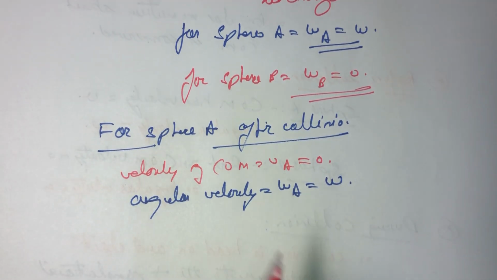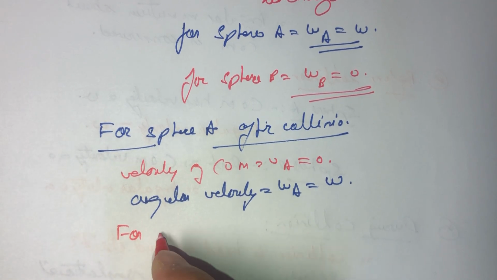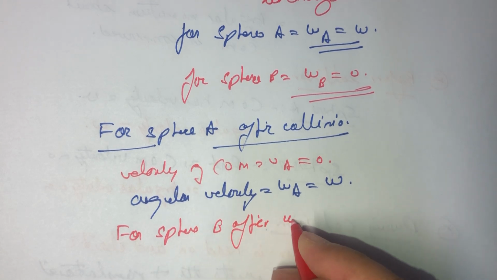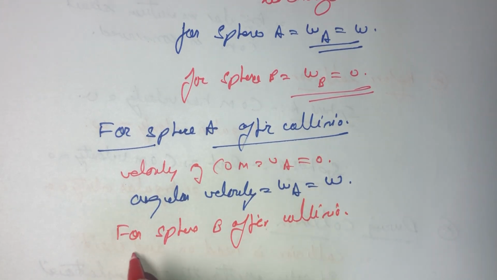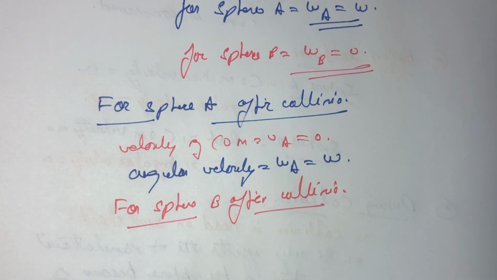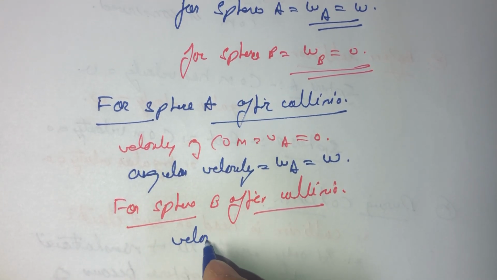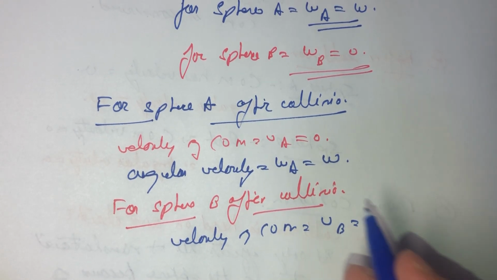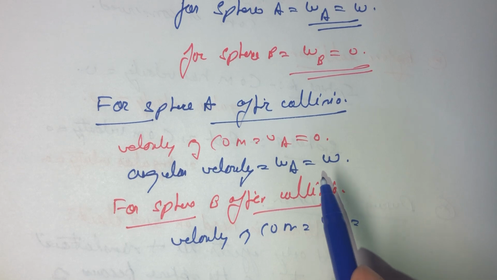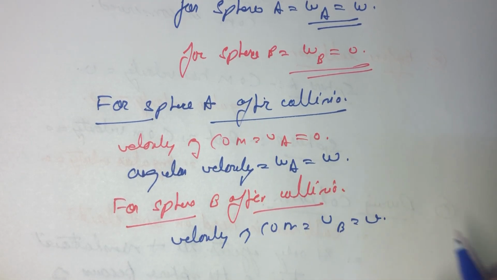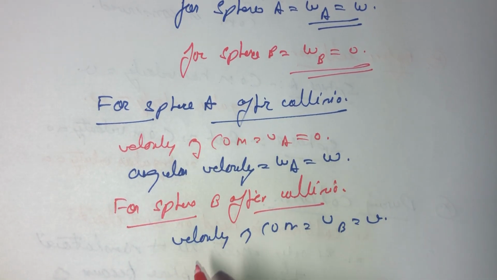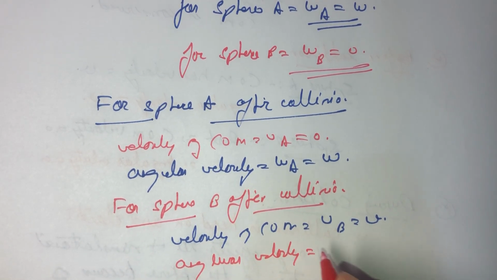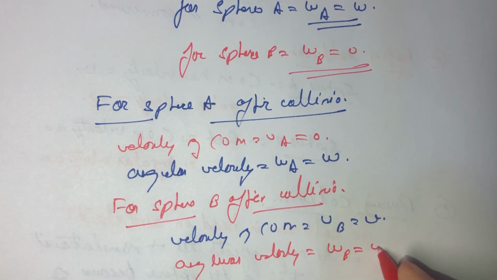And for sphere B after collision, the velocity of center of mass VB will be equal to the initial velocity of center of mass of A, which is v, and the angular velocity omega B is equal to 0.